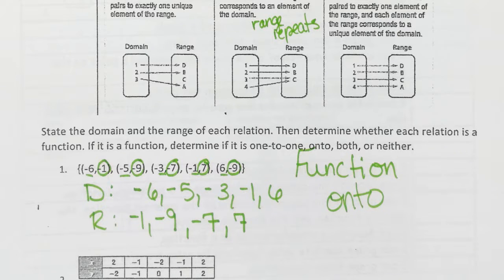2, 3, and 4. Go. Come on. Would that be one? It's not functioning at all.